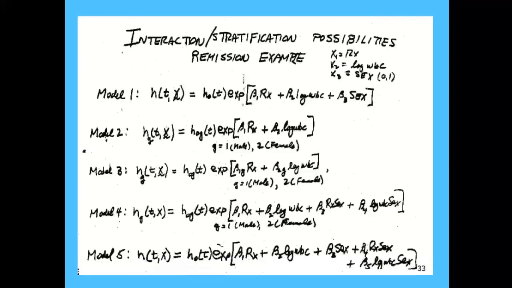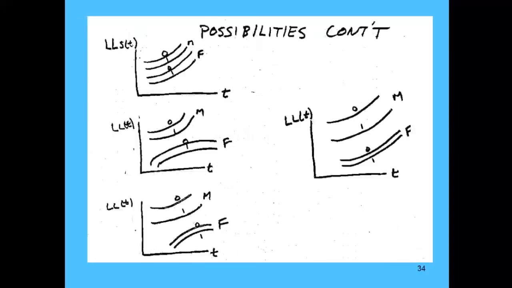What model does this conform to? Which one of these 5 models does this conform to? 1, 2, 3, 4, and 5. Is it 2 or 3 or 4? Well, if it was 2, 3, or 4 when sex didn't satisfy the assumption, then these things couldn't be parallel. So it's model 1. Okay.